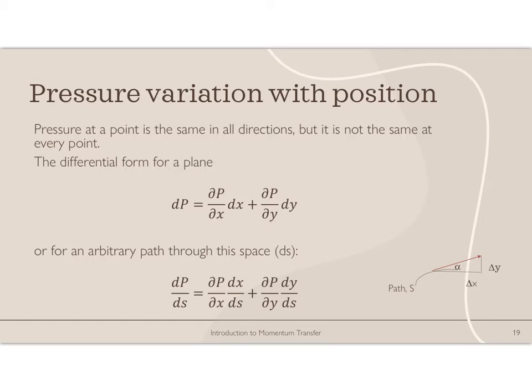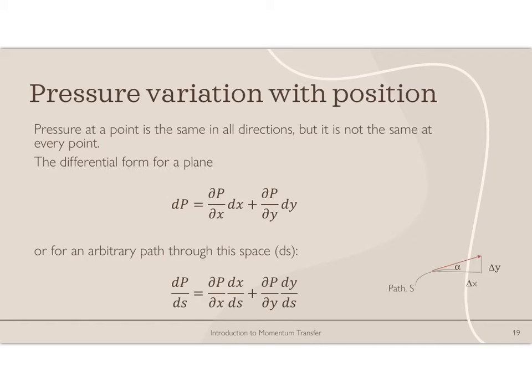We can write this, staying in a plane just because that's going to be easier. Any of this could be extended to higher dimensions or other geometries. But dP is going to vary with location x and y. So dP = ∂P/∂x times dx plus ∂P/∂y times dy. Or we could introduce an arbitrary path through that space.